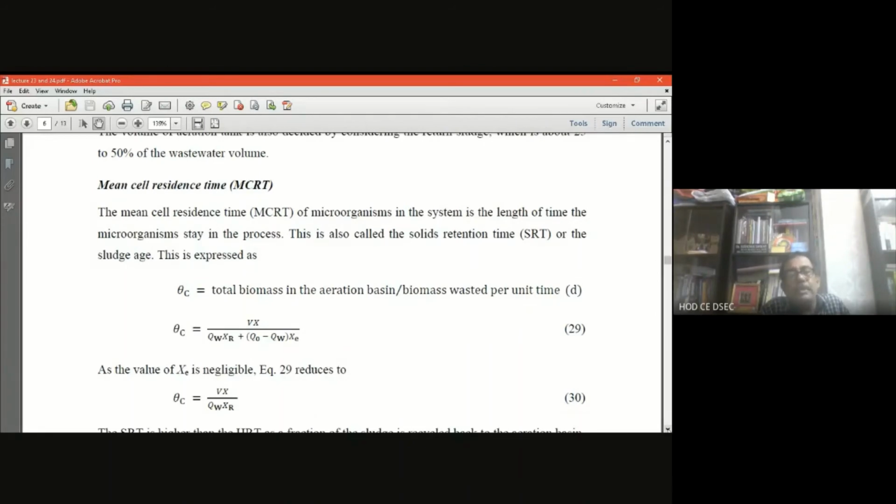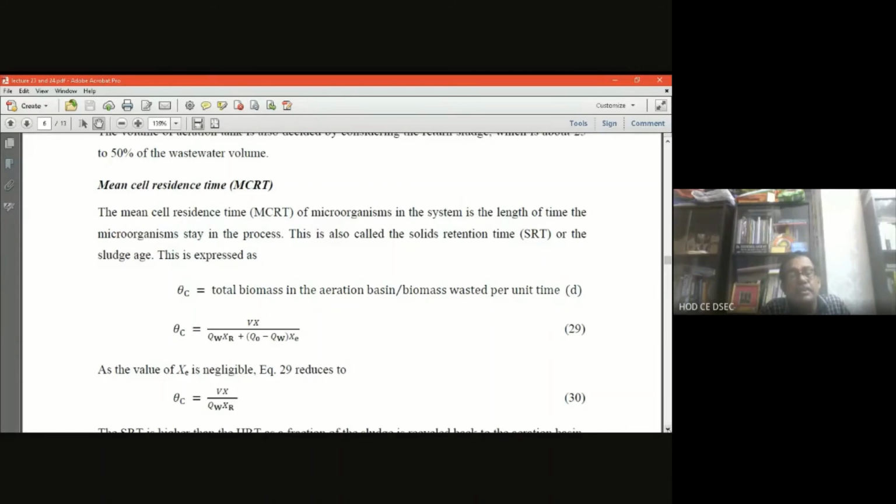So this is basically, in a system, the length of time the microorganisms stay in the process. That means how long the microorganisms will be retained in the process, that is the mean cell residence time. This is also called the solid retention time for the sludges.